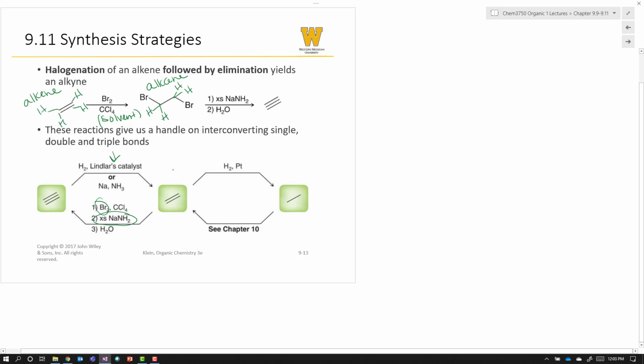And right now, we do know how to go from the alkene to the alkane using the hydrogenation reaction. We have not gotten to chapter 10 yet, but we will learn how to go from an alkane to an alkene. But right now, what's important is that we do know how to go from an alkene to an alkyne. So brominated alkane, essentially, all the way to the alkene, or alkyne.